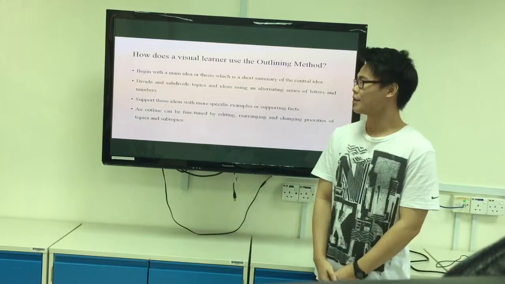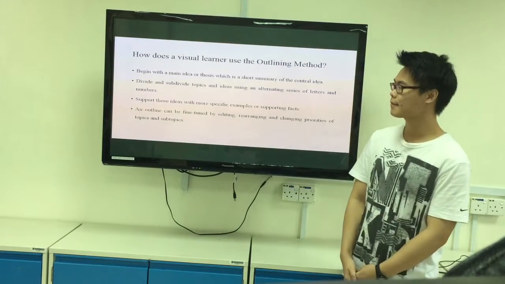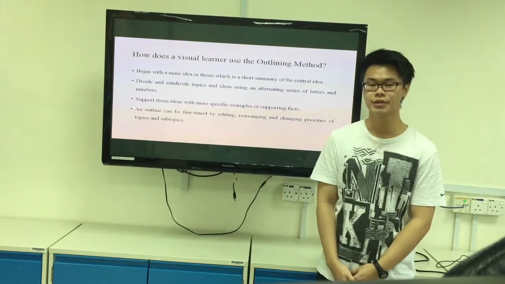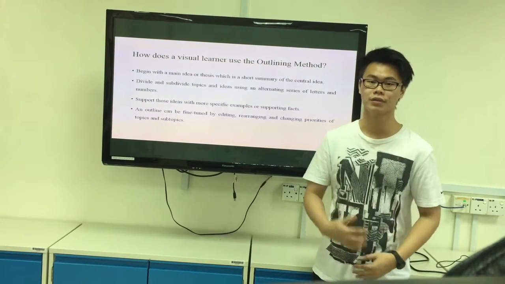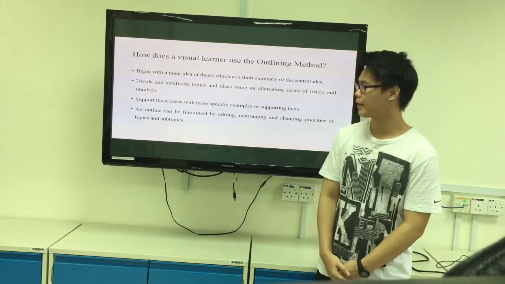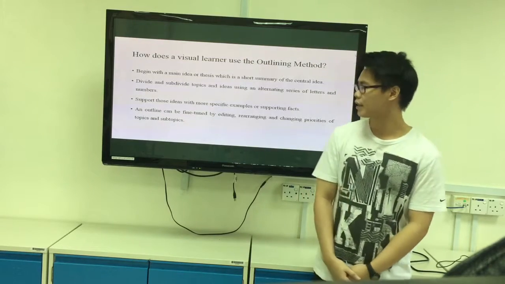Okay, how does a visual learner utilize the outlining method? The outlining method begins with the main idea or thesis, which is a short summary of the note. Next, we divide and subdivide the topic and ideas using other series of letters and numbers.